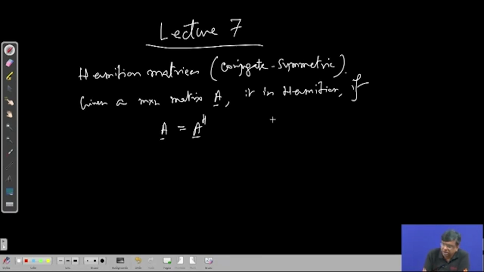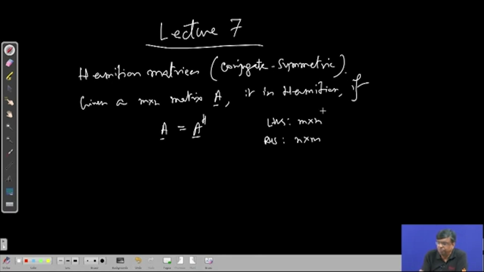Okay. Now, you see the LHS, left hand side, is an M cross N matrix. Right hand side, because there is a transposition involved in the Hermitian transposition, it will be N cross M. And since they are equal, an M cross N matrix and an N cross M matrix are in general not equal.